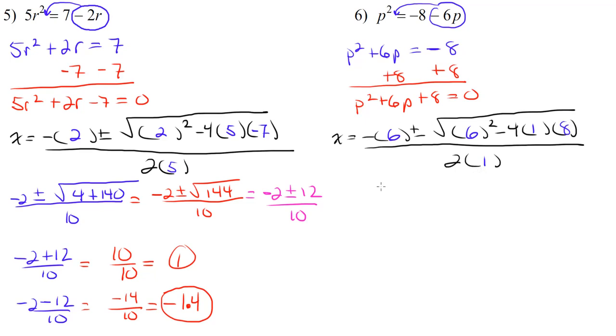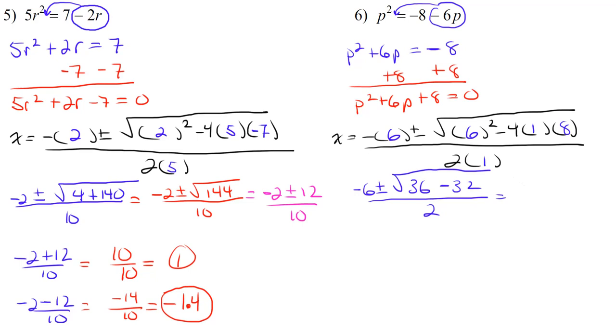So we have negative 6 plus or minus. 6 squared is 36. Negative 4 times 1 is negative 4 times 8 is negative 32. And 2 times 1 is 2. Well, 36 minus 32 is 4.